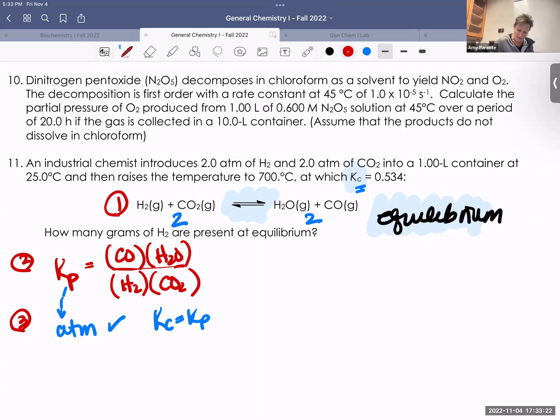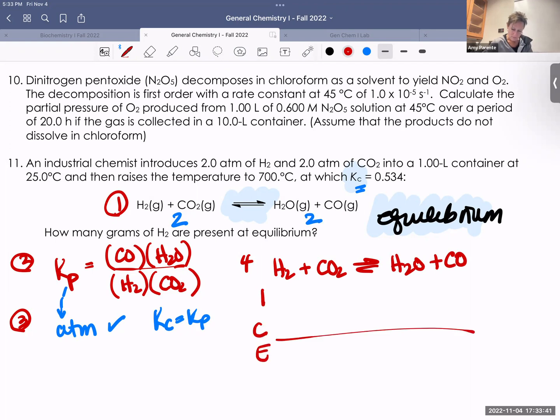Okay, next step, write our ICE table. So we've got H2 plus CO2 goes to H2O plus CO. They tell us amounts that we have. We start with 2 atmospheres of each, none of the other. Minus x, minus x, plus x, plus x.